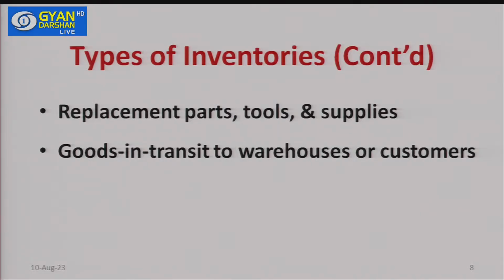Now, another two types of inventory are also there. First is your replacement parts, tools and supplies, because there are various types of parts which are used as equipment or operational maintenance. We call it MRO, maintenance, repair and operational inventory.